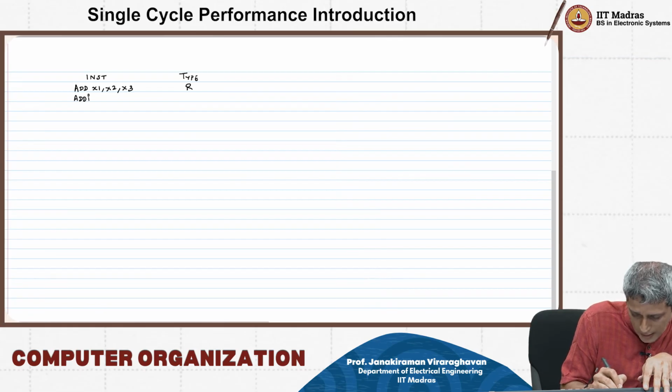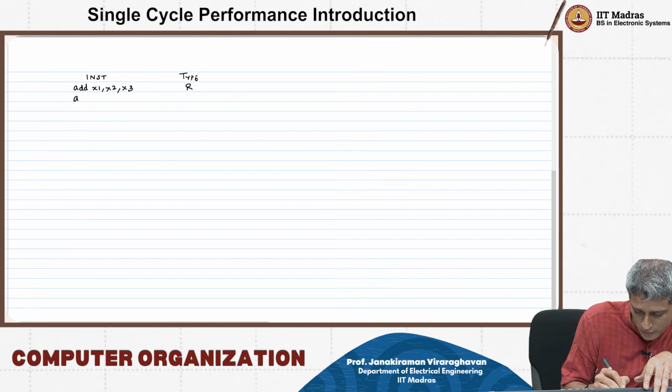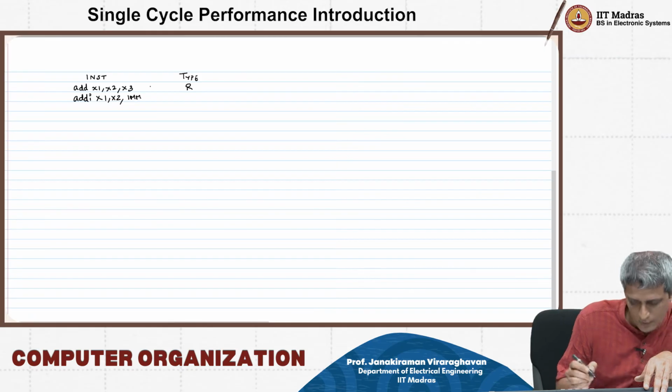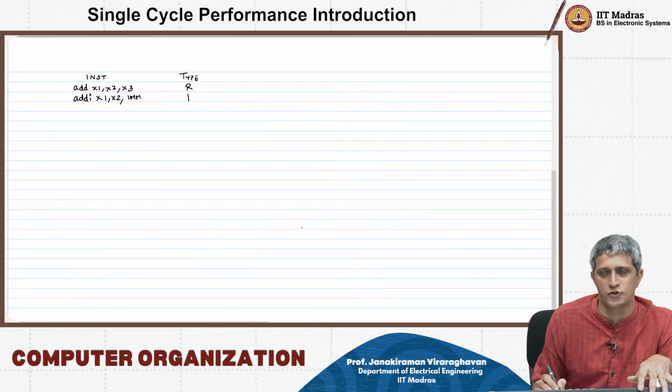Then I could do addi, in lowercase because that's how it is: addi x1, x2, immediate data, and this is an I type of instruction.